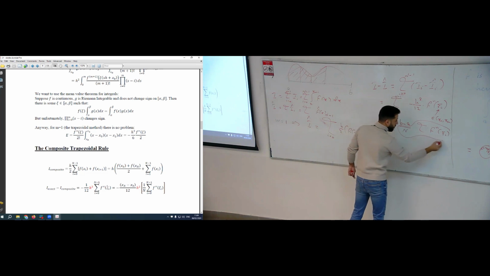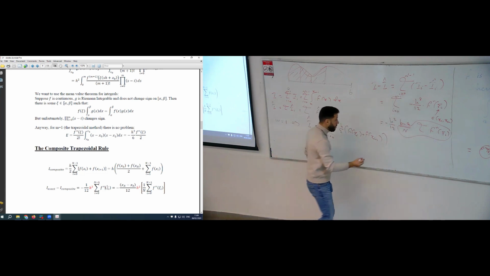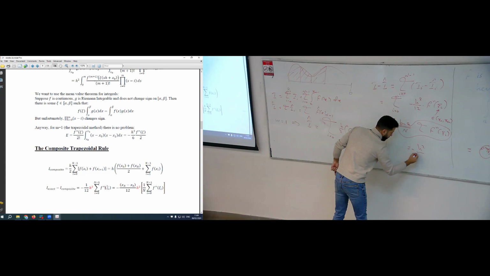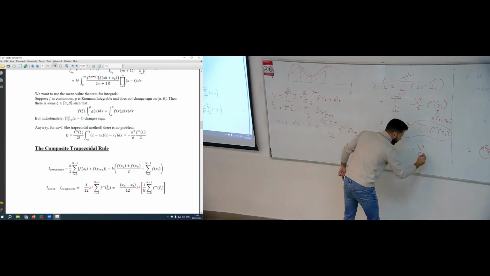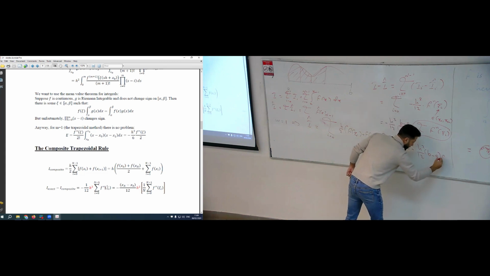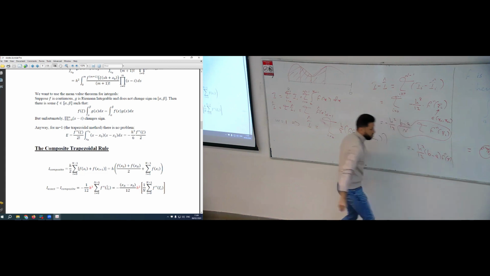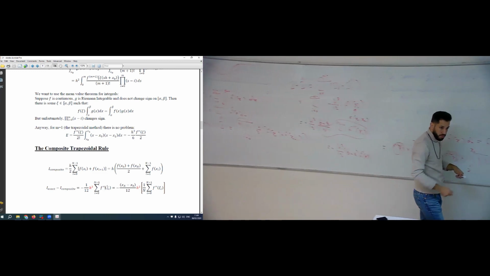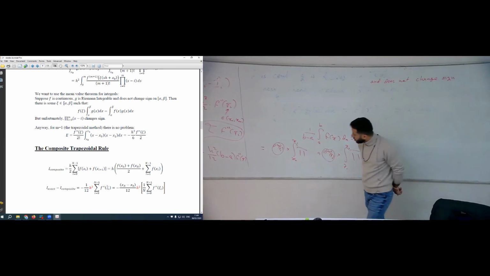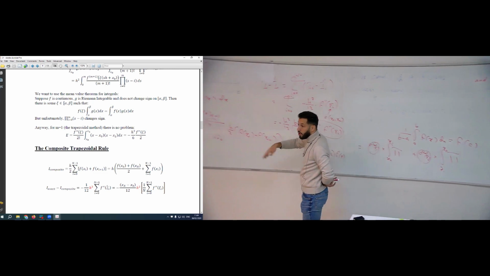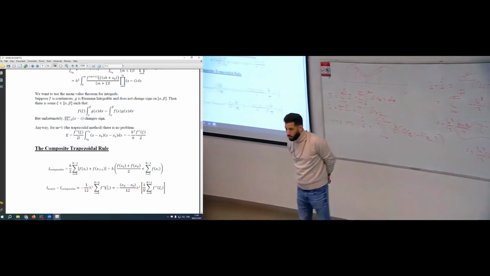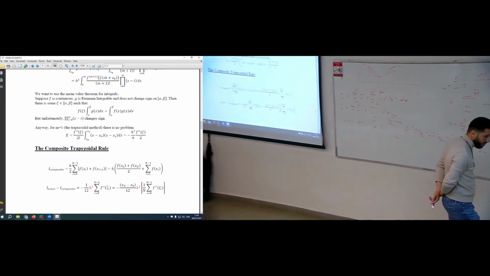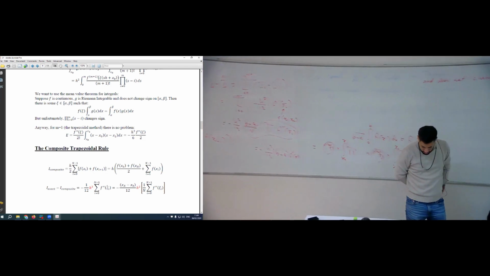And this is f double prime at some psi in the range between a and b. So my error goes, as you know from before, like h squared, or 1 over n squared, where n is the number of the segments. So now we have proved this well.